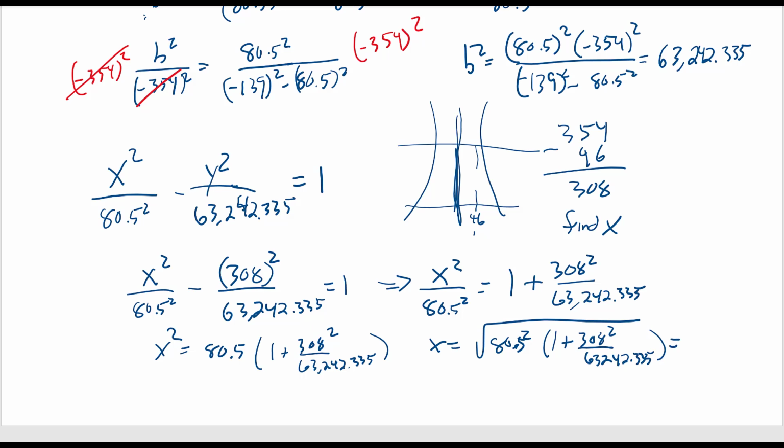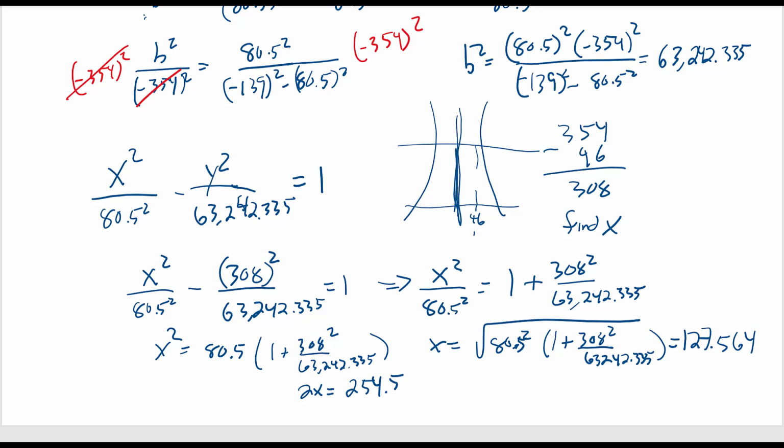And from that we get 127.282. So 2x is what we're after. I think there's an error in my notes here.